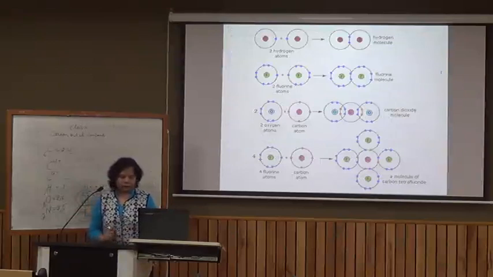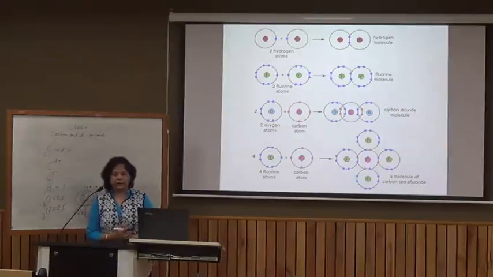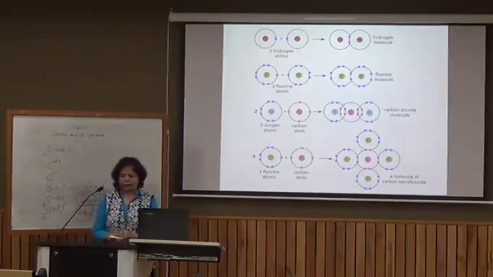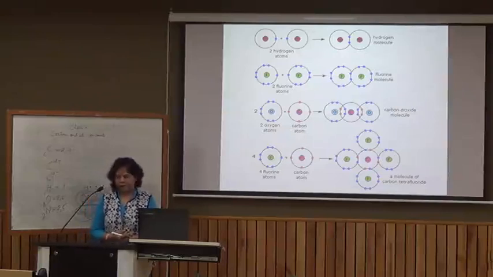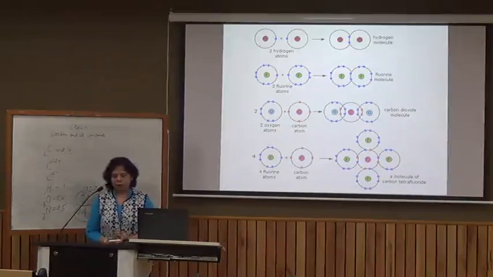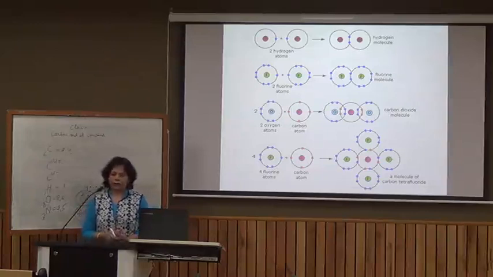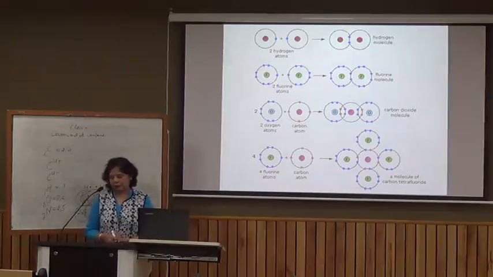You all can see that there are some more examples given. Hydrogen atom and atom of fluorine, which has 7 valence electrons, so they share only 1 electron each and form a single bond. Then we can see the formation of carbon dioxide, where the 2 oxygen atoms will be sharing 2 electrons each with carbon atom, forming 2 double bonds with carbon atom.